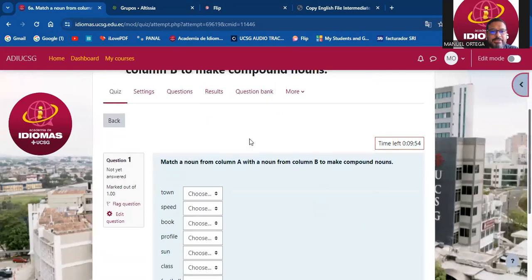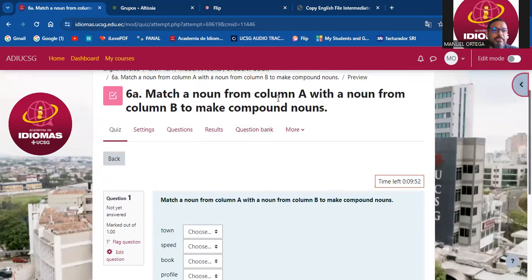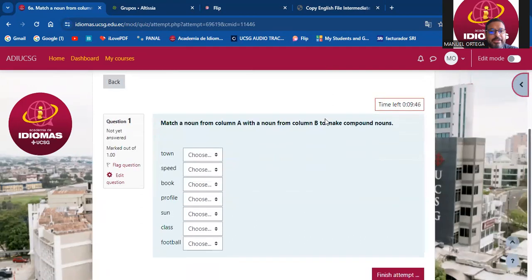Match a noun from column A with a noun from column B to make compound nouns. For example, you have town.